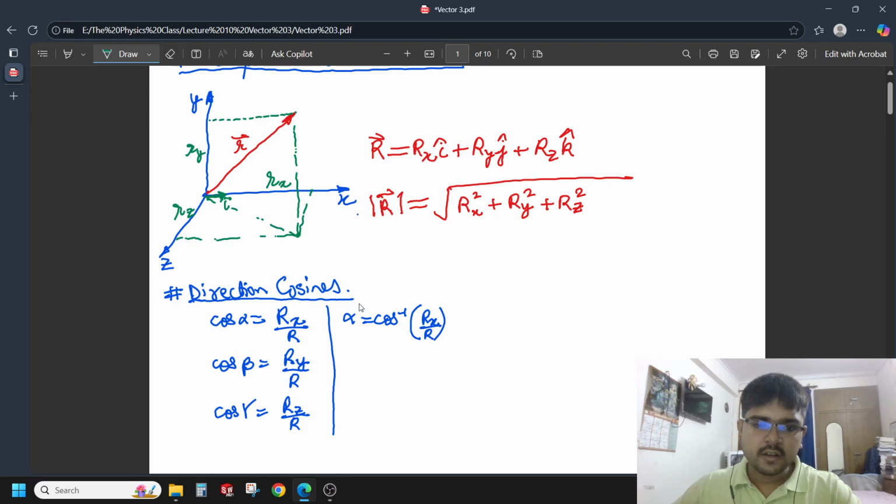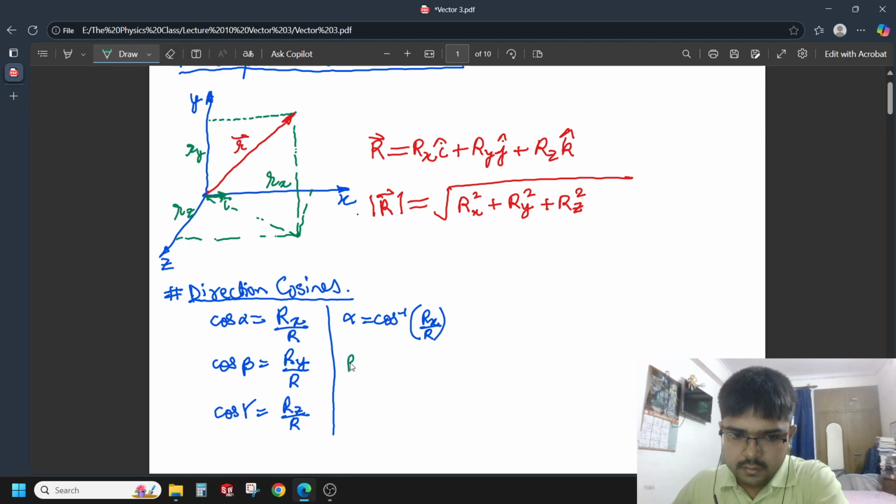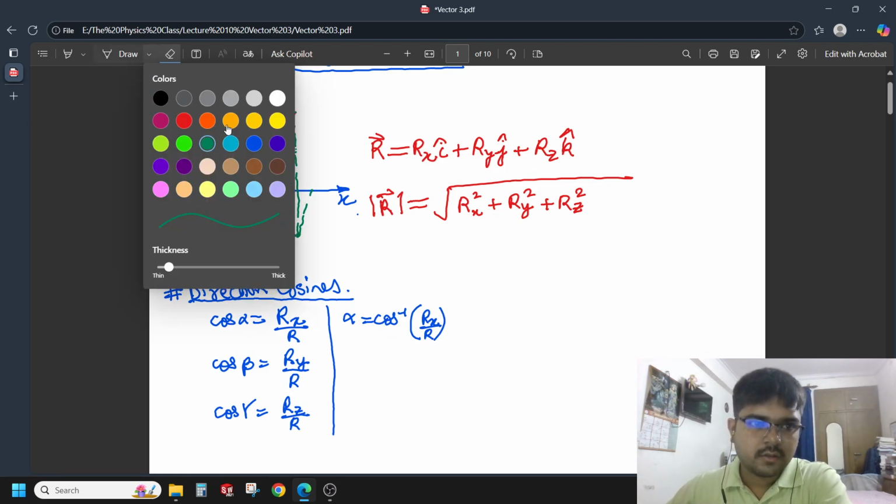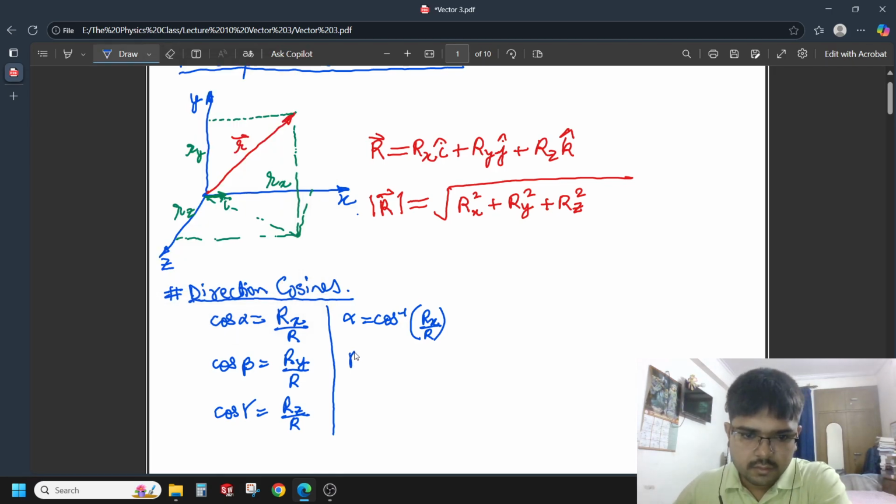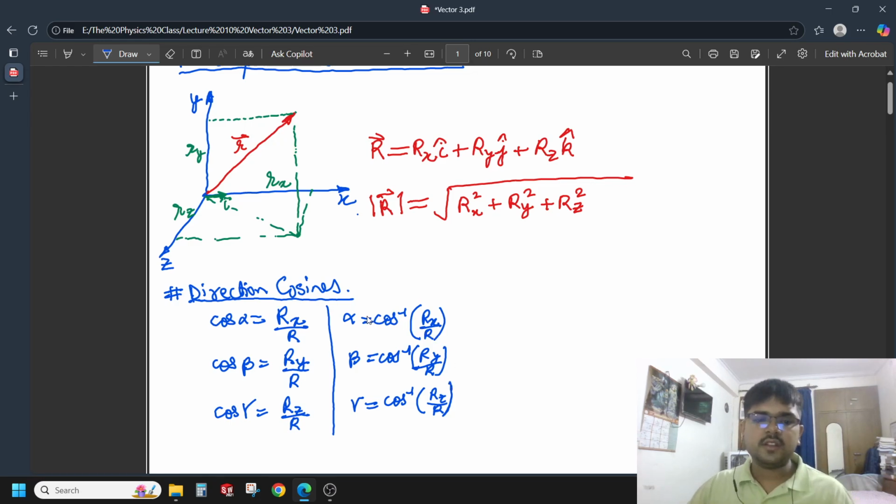So we have alpha would be cos inverse of Rx by R, and beta would be cos inverse Ry by R, and gamma equals cos inverse Rz by R. So these are the three angles.